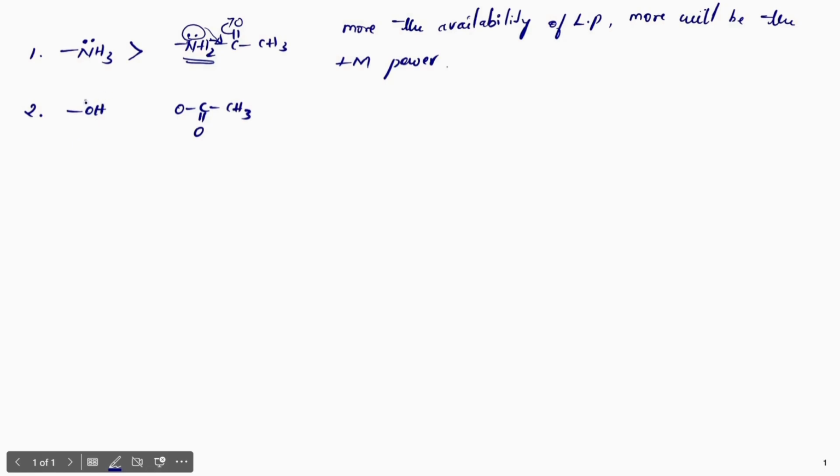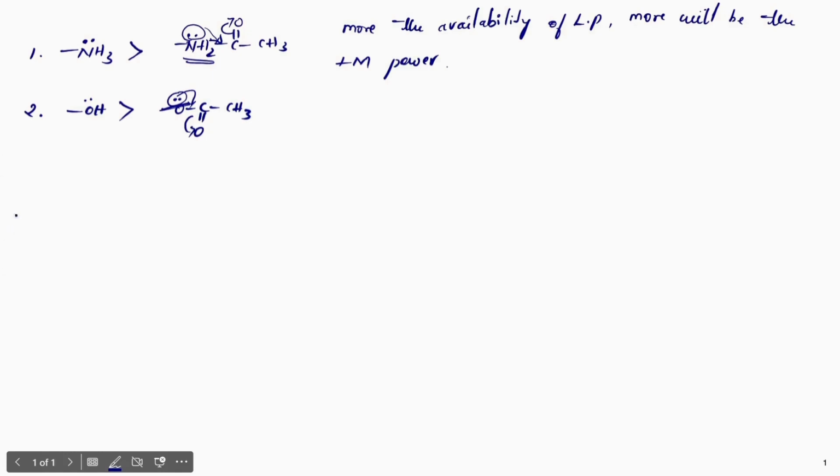Oxygen has a lone pair in both, but here the lone pair of oxygen is involved in conjugation, so its availability decreases. Therefore, OH is a better positive mesomeric group than OC double bond CH3.